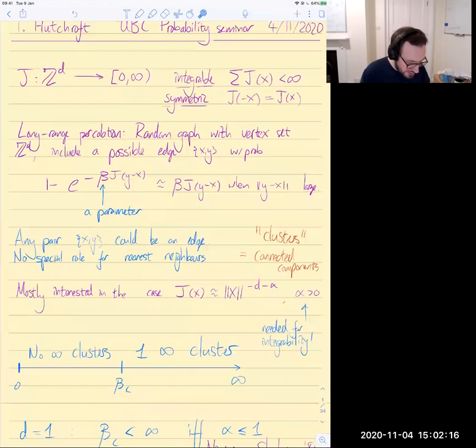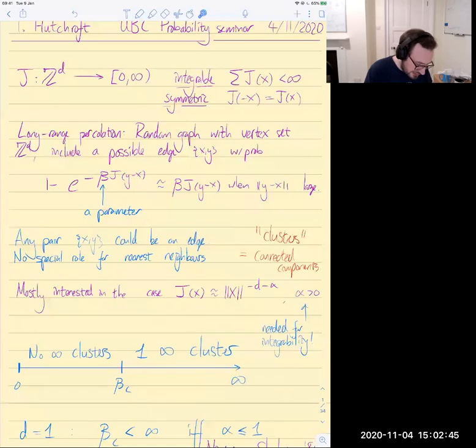So we take this function J, which is this kind of intensity function, describing the manner in which our model is long-ranged. We also take another parameter beta, and we say that each possible edge xy is actually made an edge independently at random with probability 1 minus e to the minus beta J of y minus x.